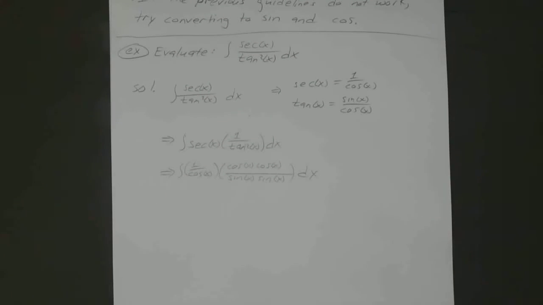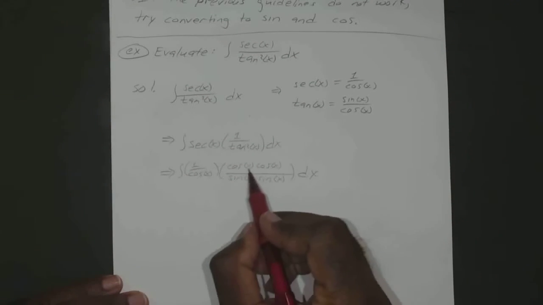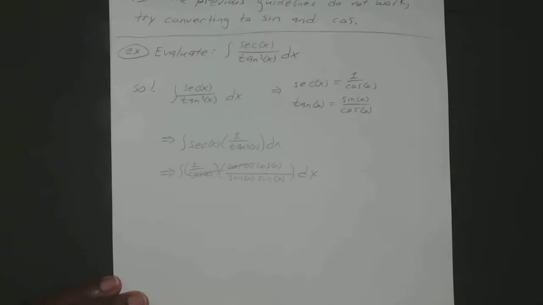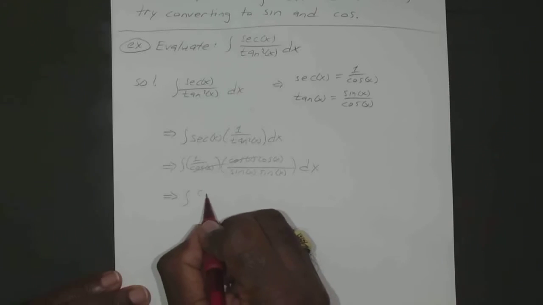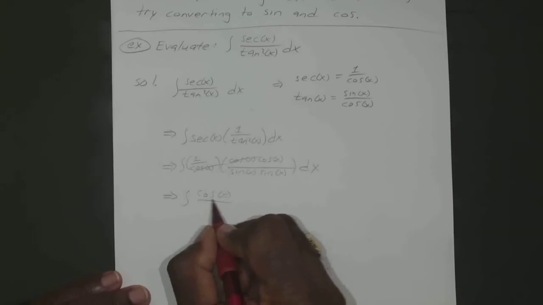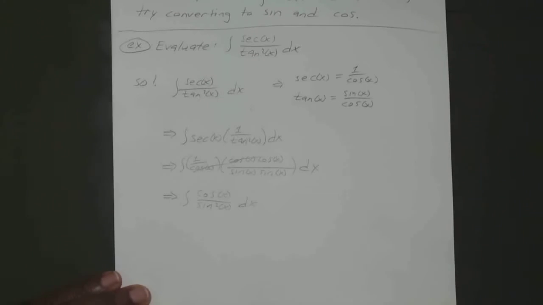Okay, and the cosines just cancel out. So that's the integral of cosine of x over sine squared of x dx.